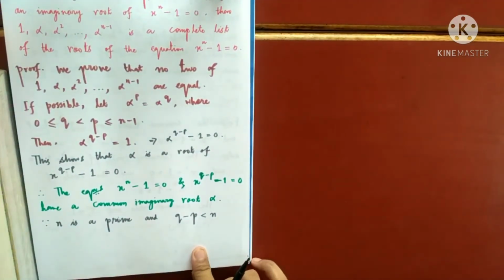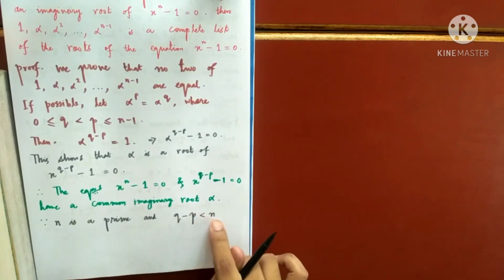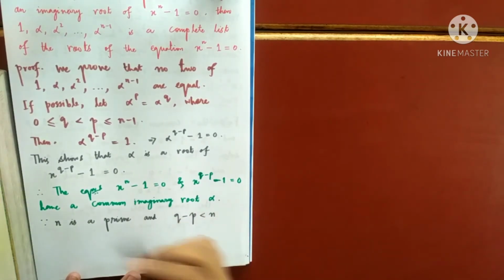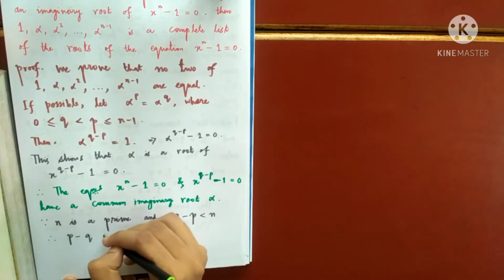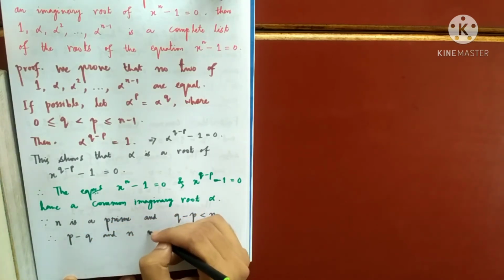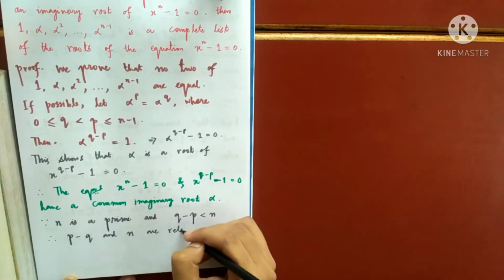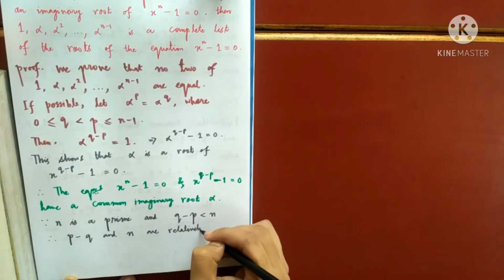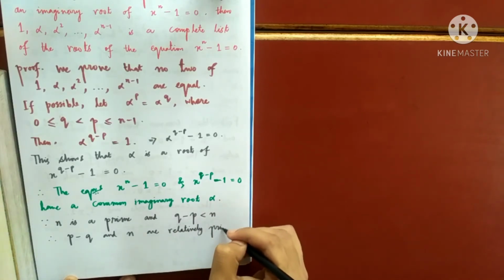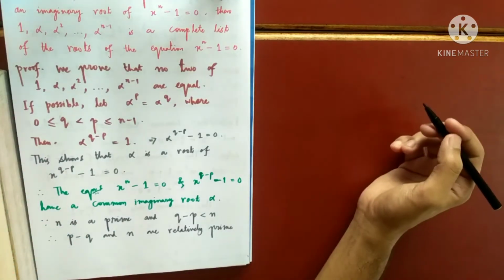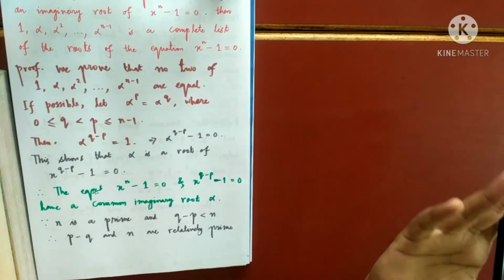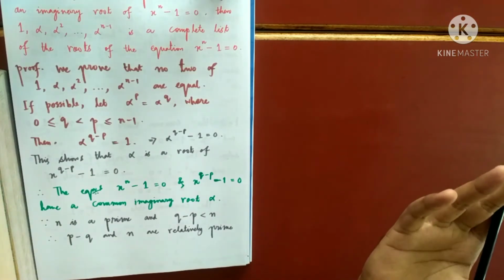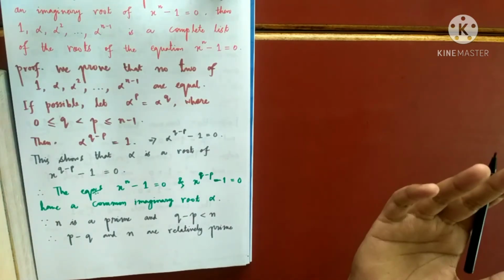So since n is a prime and this number is less than n, therefore q minus p and n are relatively prime. You know, any number less than a prime number is relatively prime to that number. You take 5, any number less than 5 is relatively prime to 5.